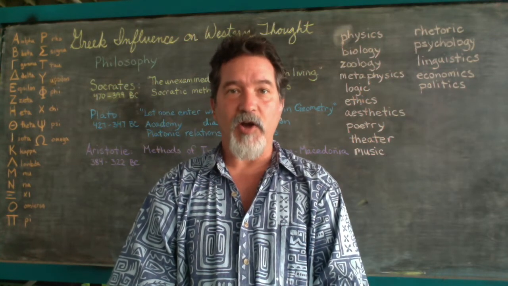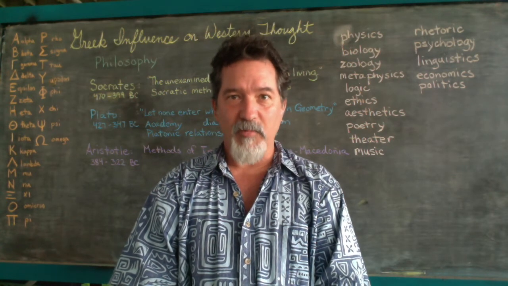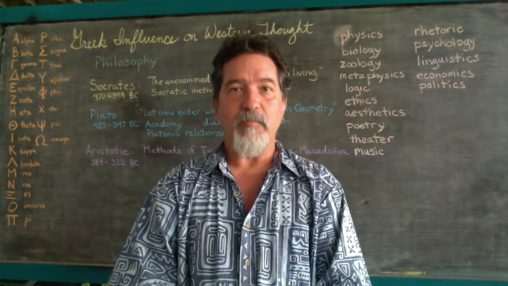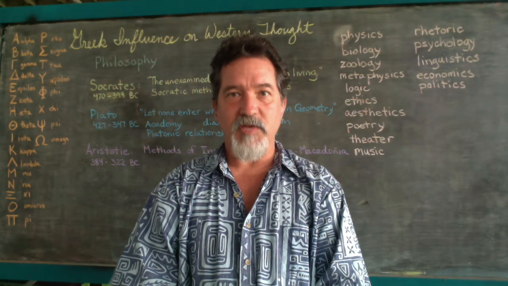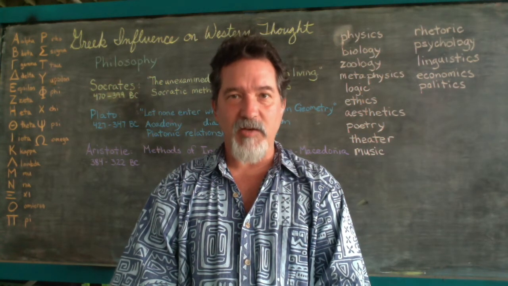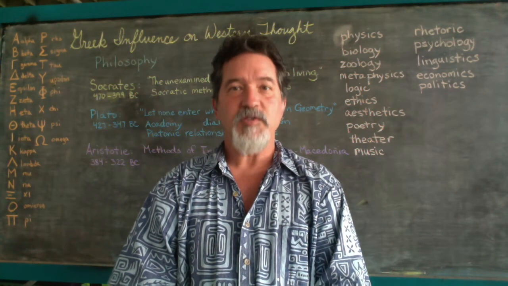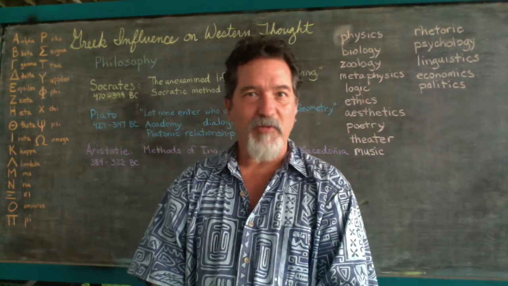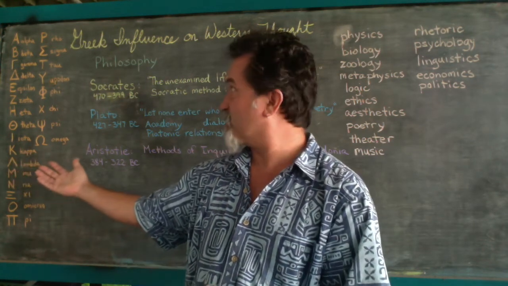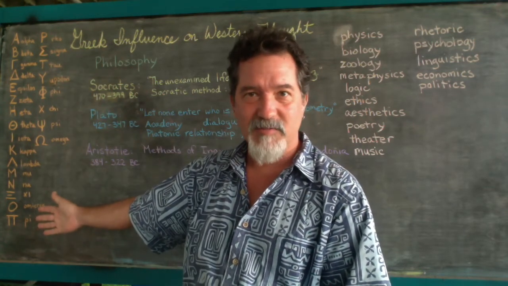We're going to start off with the Greek alphabet. Our own alphabet was deeply influenced by many of the Greek letters, and a huge number of our words that we still use today in the English language come directly from our study of Greece. So what was the Greek alphabet? Well, when we look over here to this side of the board, we can see all of the Greek letters and their names.